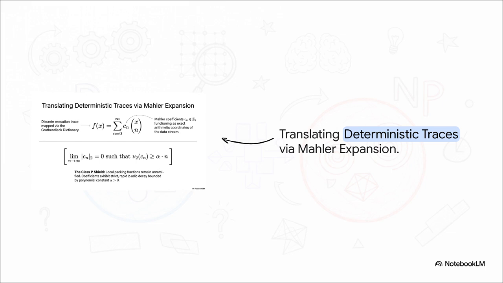Now, to actually track this complexity profile, we rely heavily on the Modular expansion. It's an incredibly powerful formula that lets us decompose a discrete execution trace into a uniformly convergent series of binomial coefficients. Those coefficients, which we label as Cn, become the exact arithmetic coordinates of our data stream over the 2-adic field.